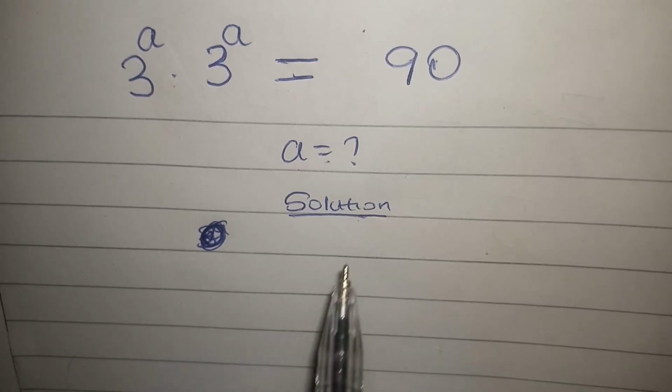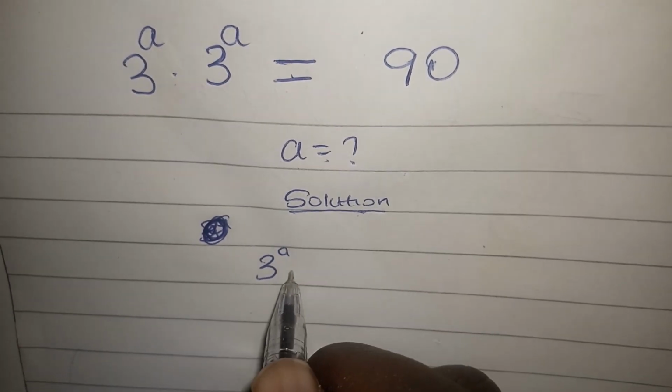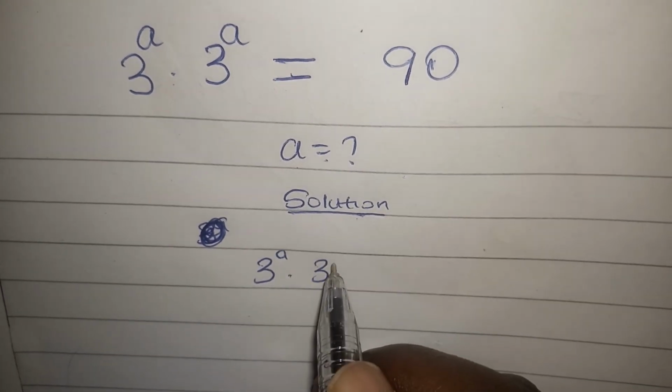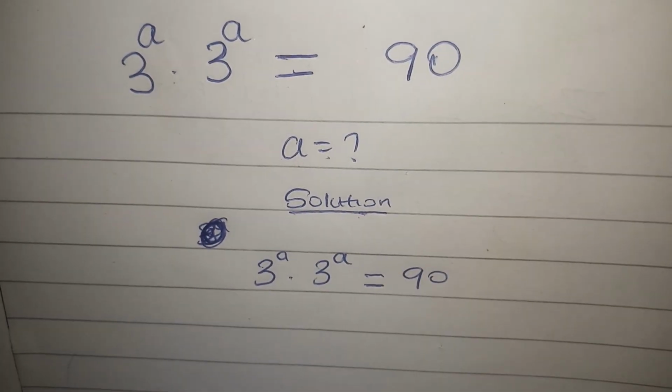So, the solution. We have 3 to the power of a times 3 to the power of a is equal to 90.